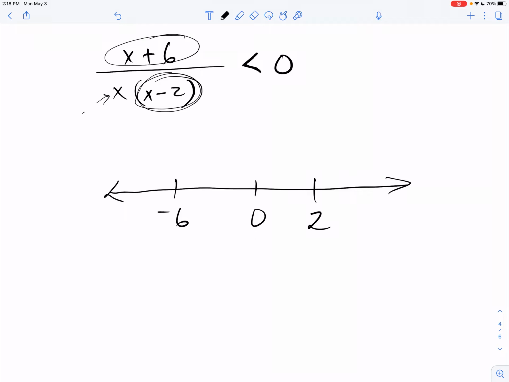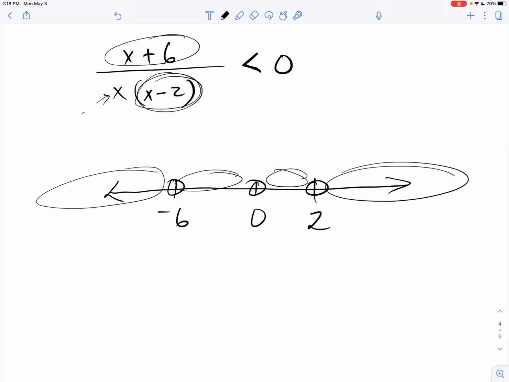Now, since this is the symbol they used, everybody's an open circle here. It's true. But guess what? Now I have 1, 2, 3, 4 regions that I would have to check to see where the solution lies.